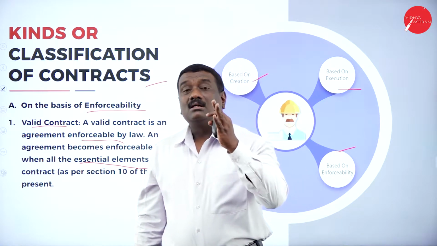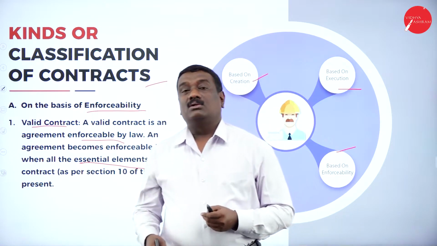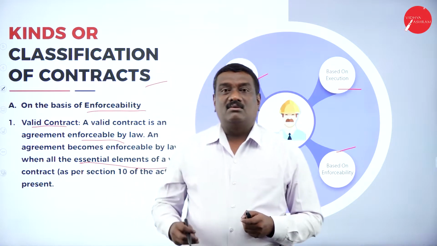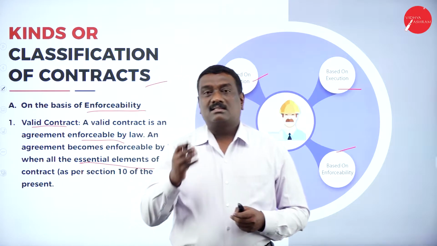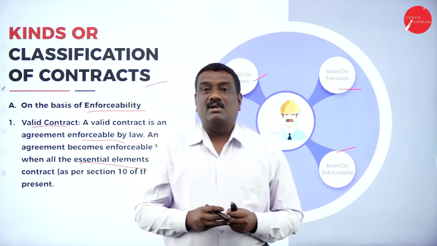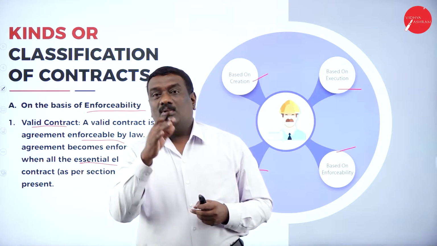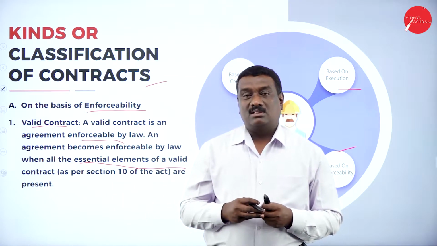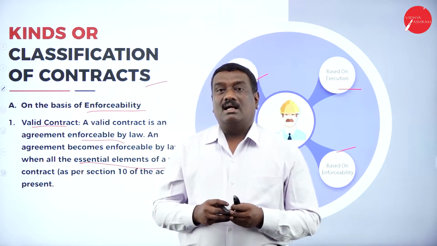Now which are the essentials of a valid contract? In the last class I explained to you. I'll just tell you some of the important essentials, such as there should be consideration, there should be competent capacity to enter into a contract, there should be 2 or more parties to enter a contract, and there should be legality.